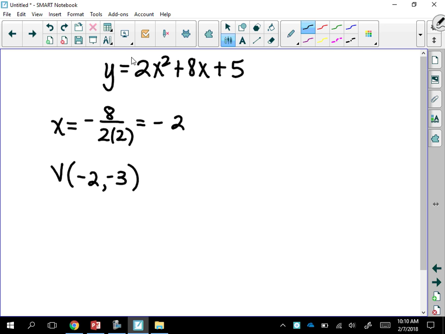Everybody find that? So our vertex is at -2, -3. So what would be the vertex form of this function?